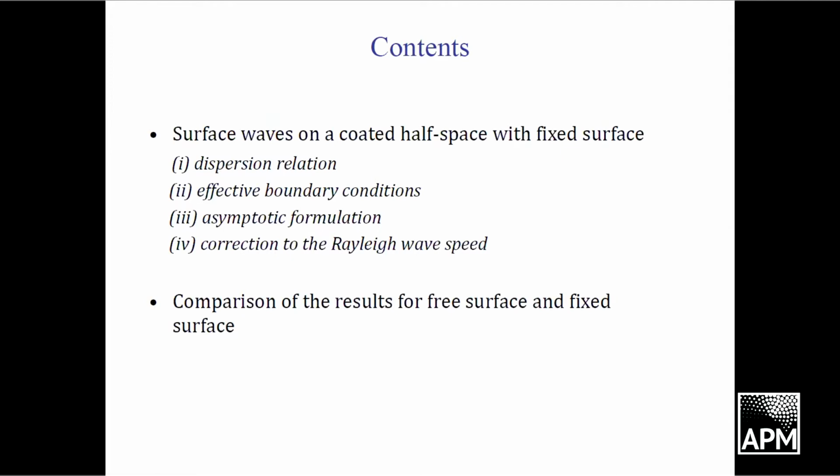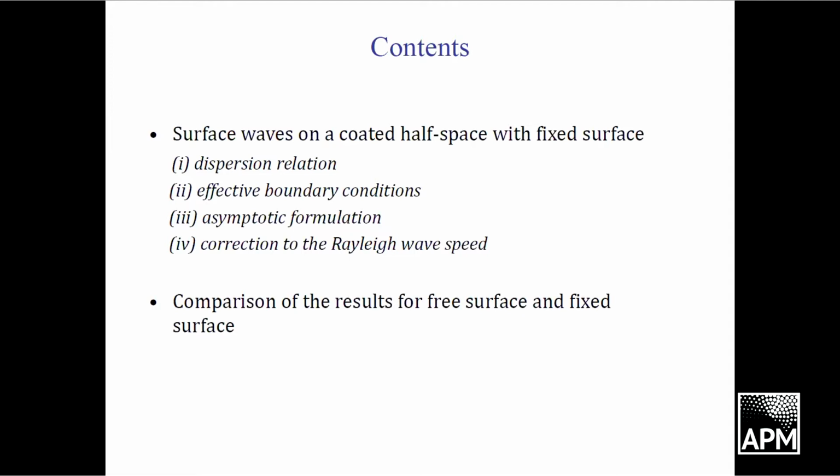But because we will have this inhomogeneity due to a coating, it seems to be possible. So we will derive the dispersion relation, study it a little bit from a numerical perspective, depending on the different parameters of the coating and the half space. Then we will try to tackle the problem from an asymptotic perspective.